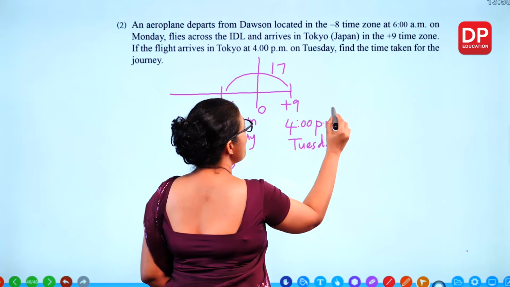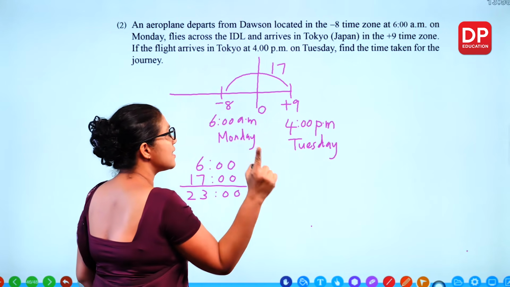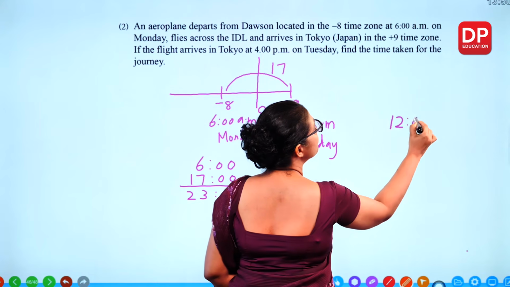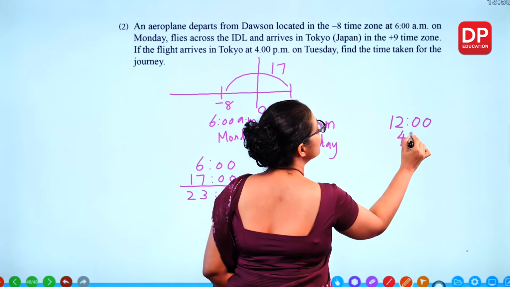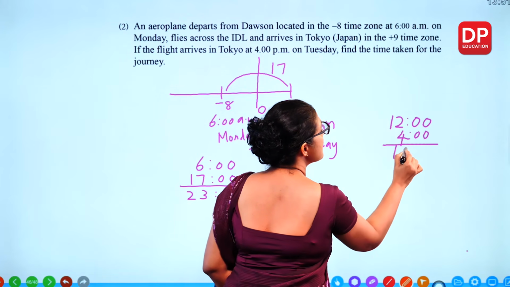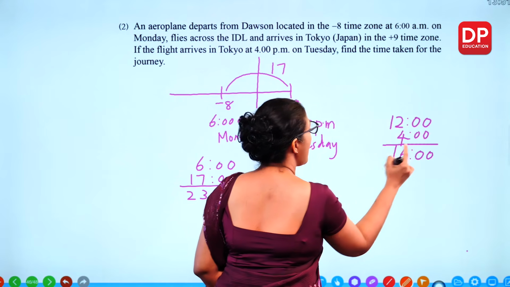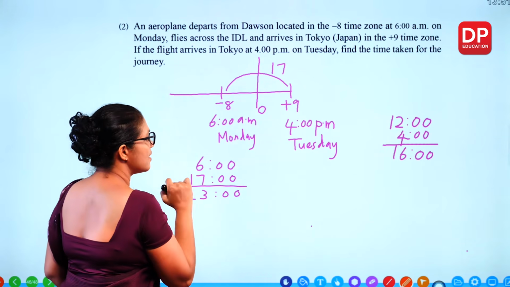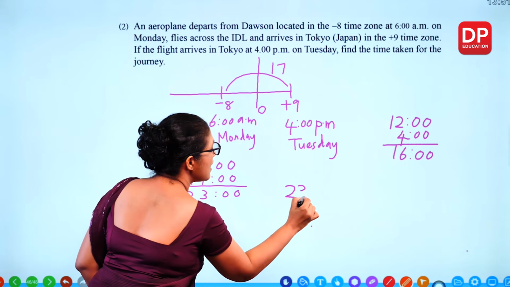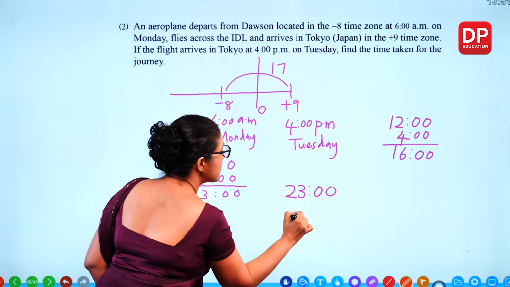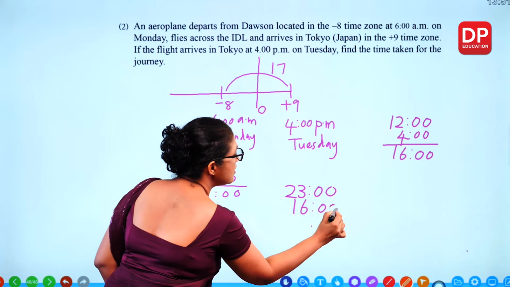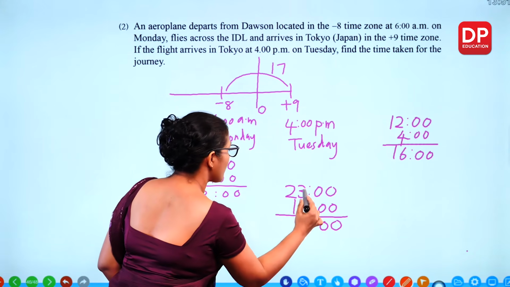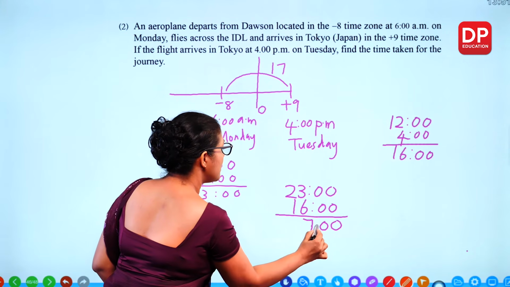Now 4 p.m. means, what's the value? 4 p.m. means 12 plus 4, 16 is the time. Now what's the difference between this and this? So 23 and 16, that's the duration of the flight. 7.